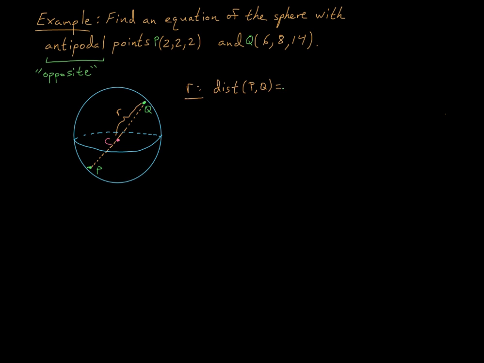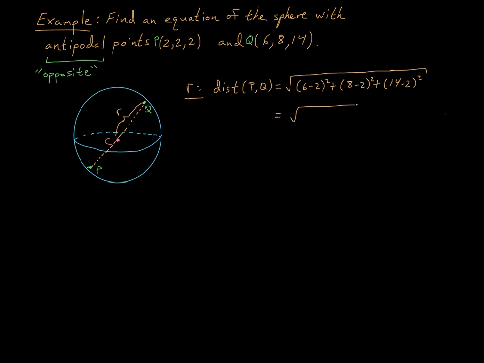Okay, and so to do that, I'm going to go ahead and take the square root of, well, the difference in the x's. This would be (6 minus 2) squared plus (8 minus 2) squared, and then finally (14 minus 2) squared. So just subtracting coordinate-wise and then adding the sum of the squares.